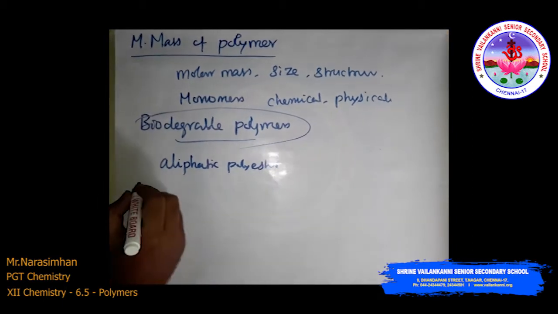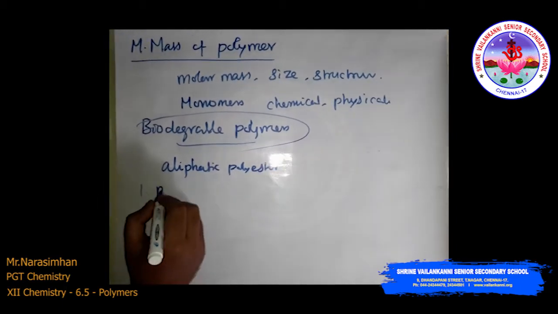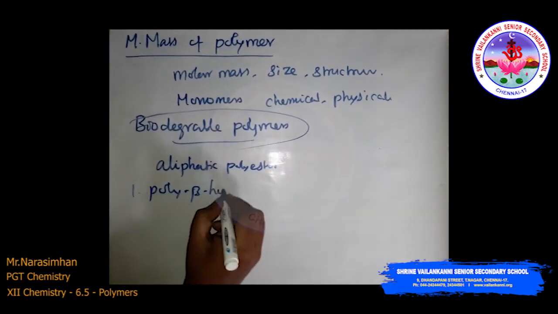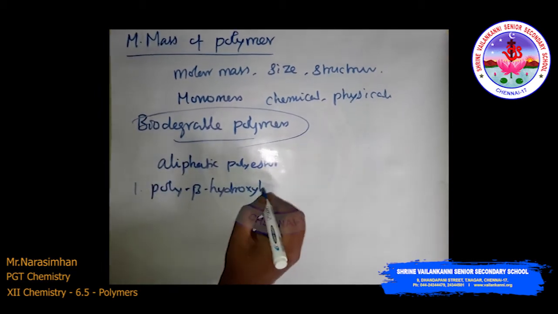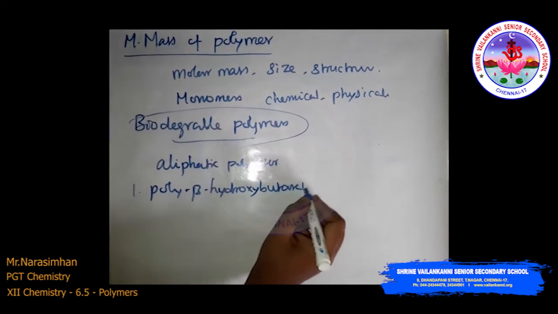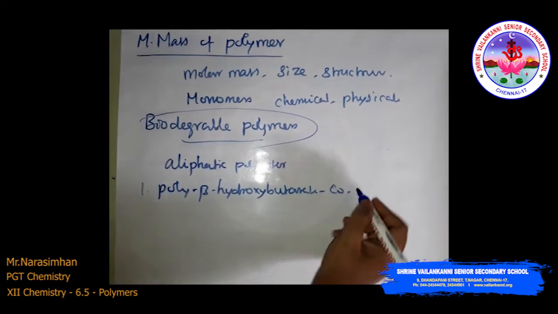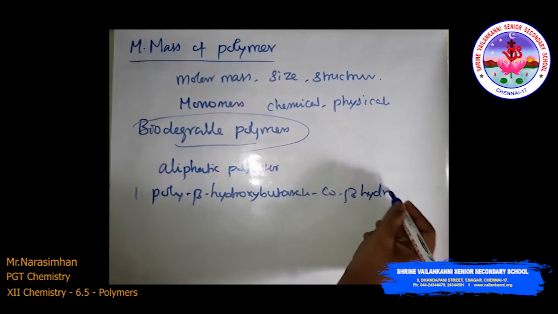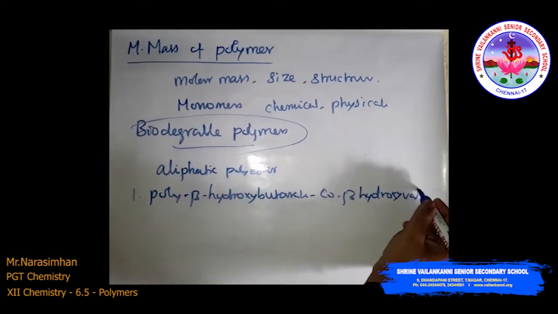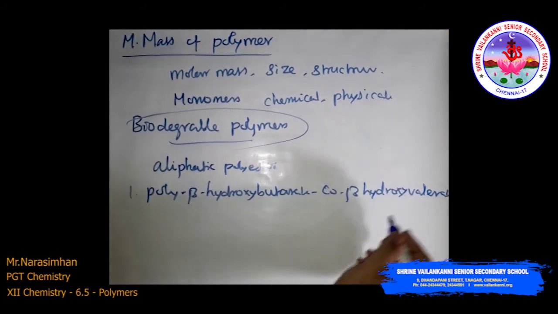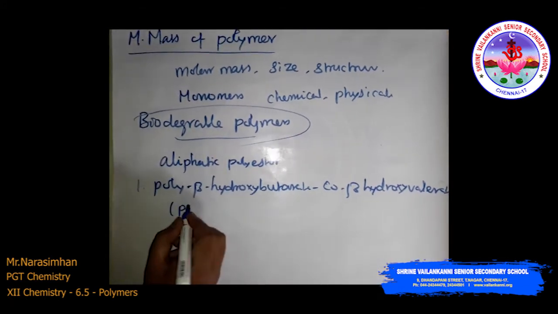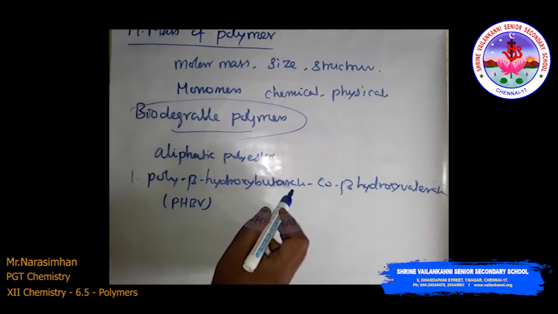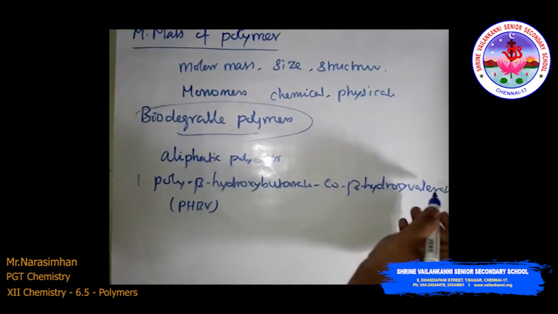Some biodegradable polymers, like poly beta hydroxybutyrate co beta hydroxyvalerate, simply called PHBV.